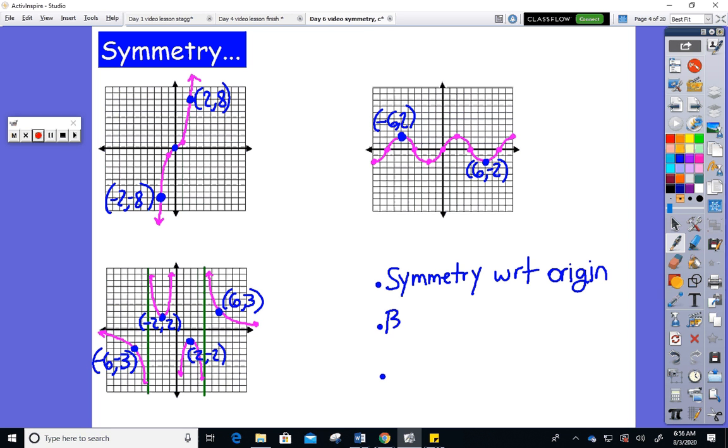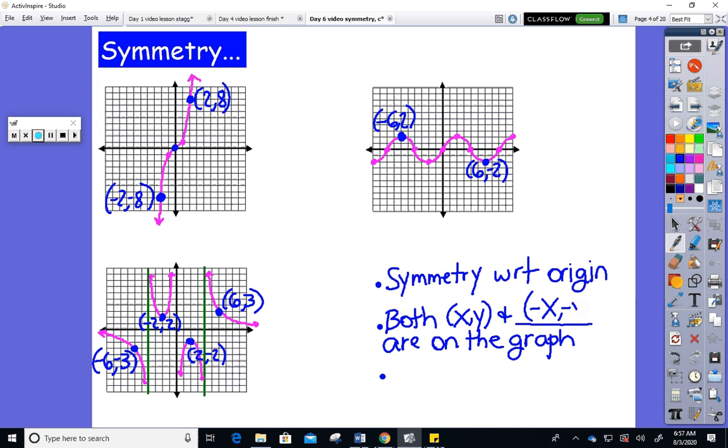So can you fill in the blank? Both the points (x, y) and blank are on the graph. If you said (-x, -y), then you are correct.